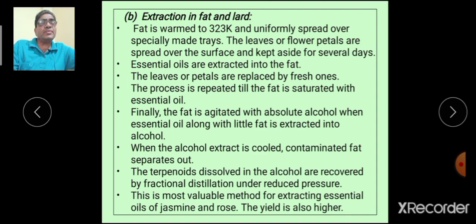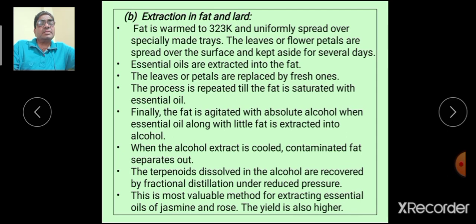Finally, the fat is agitated with absolute alcohol, when the essential oils along with a little fat are extracted into the alcohol. Now this alcohol extract is cooled, and the contaminated fat separates out. The terpenoids dissolved in the alcohol are recovered by fractional distillation under reduced pressure.